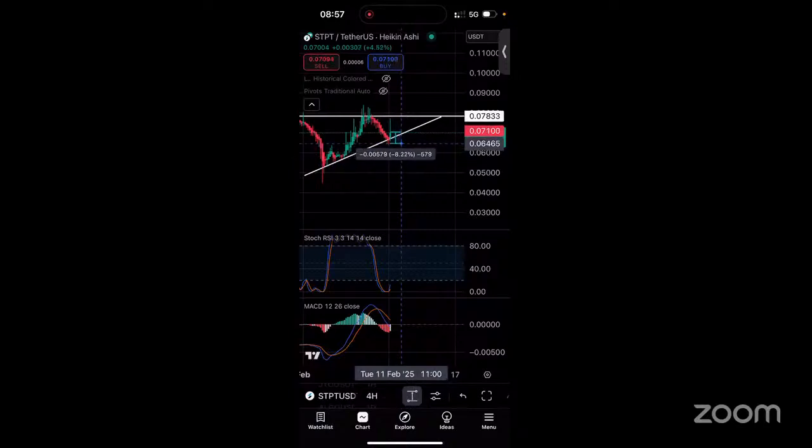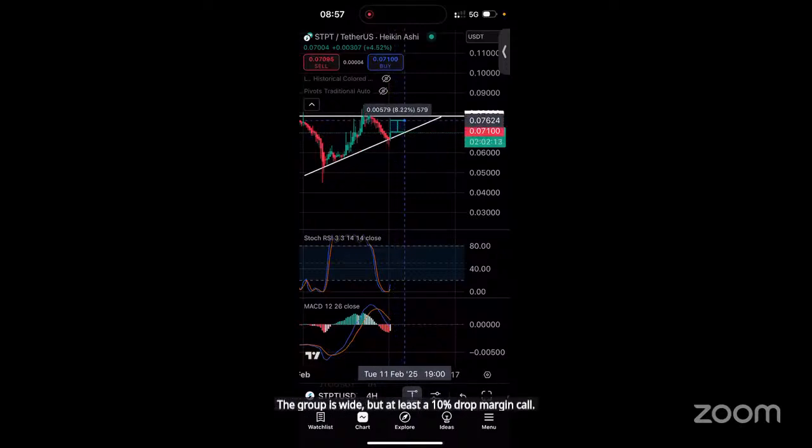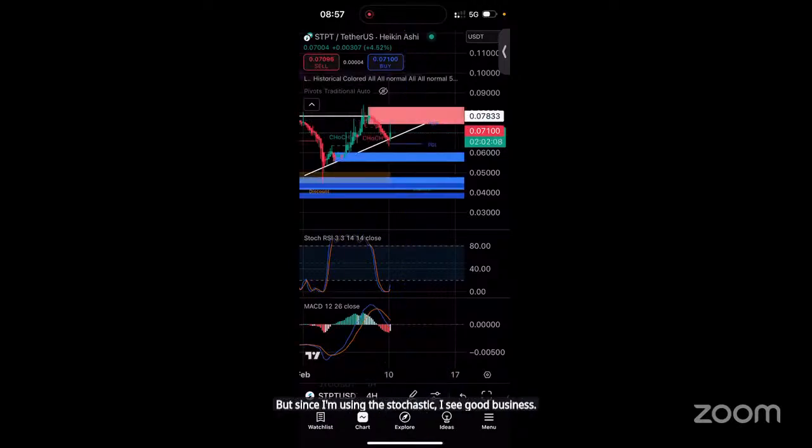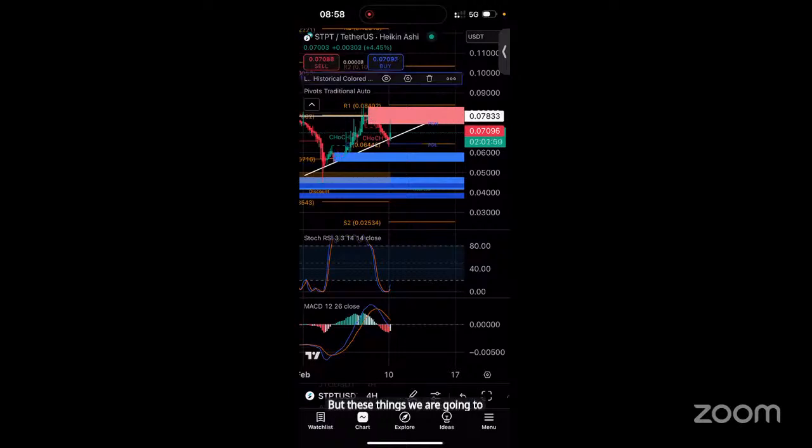The drop is wide, at least a 10% drop margin call. But since I'm using the stochastic RSI, I see good business. But these things we are going to discuss tomorrow.